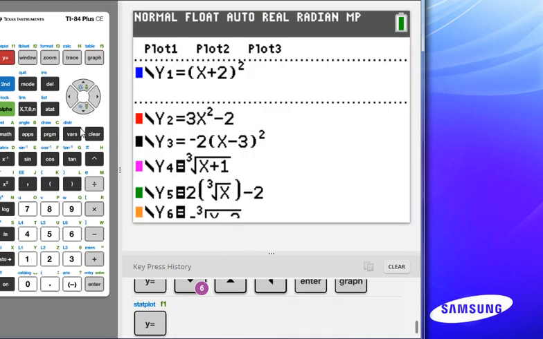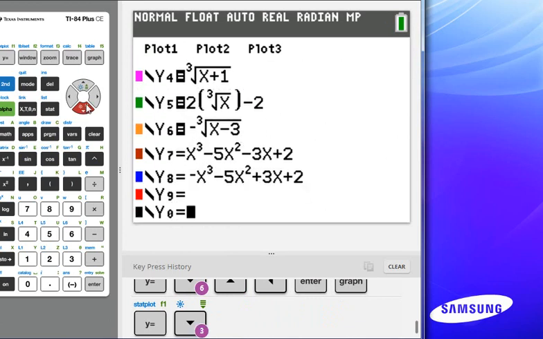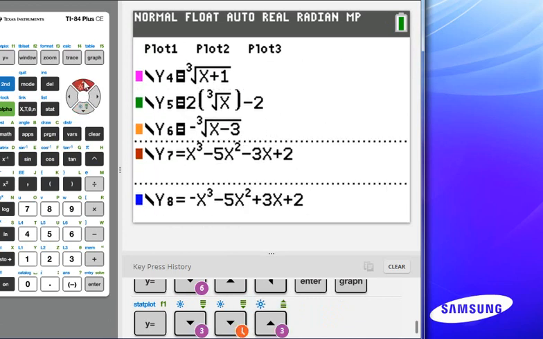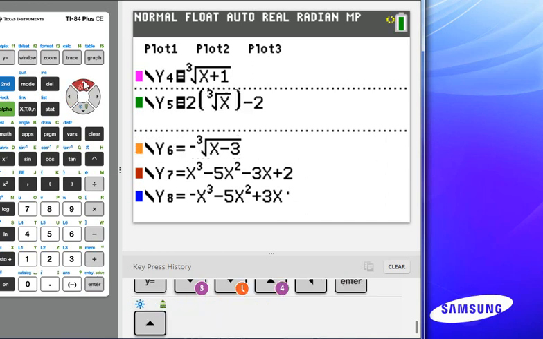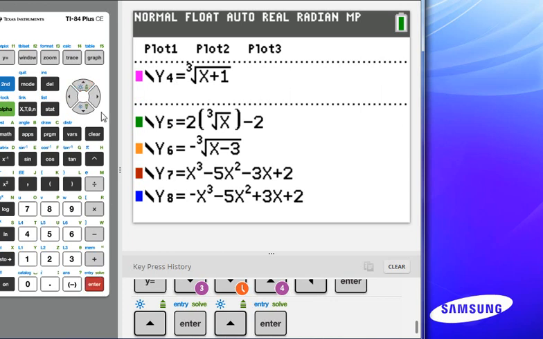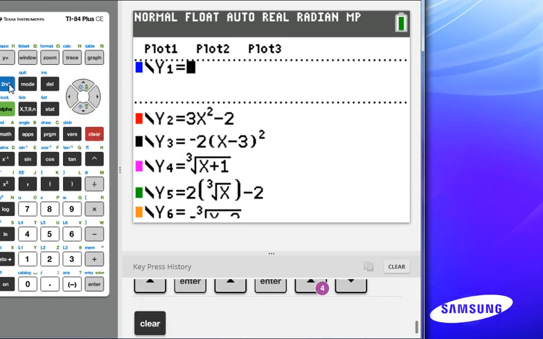I'm going to come up here and deactivate this one, and this one, and go up to the top and put square root of quantity x plus 5.